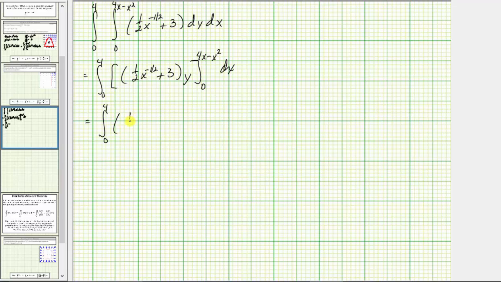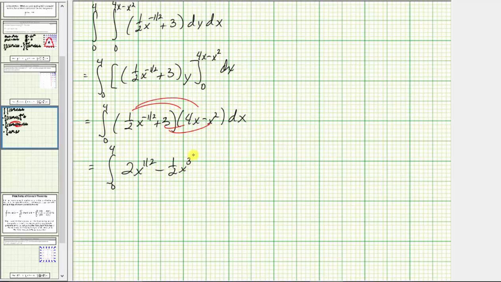This will give us the quantity 1/2 x to the power of negative 1/2 plus 3 times the quantity 4x minus x squared minus 0, which is just 4x minus x squared. Now let's go ahead and multiply. We'll have 4 products. This works out to 2x to the 1/2 minus 1/2 x to the 3/2 plus 12x minus 3x squared.